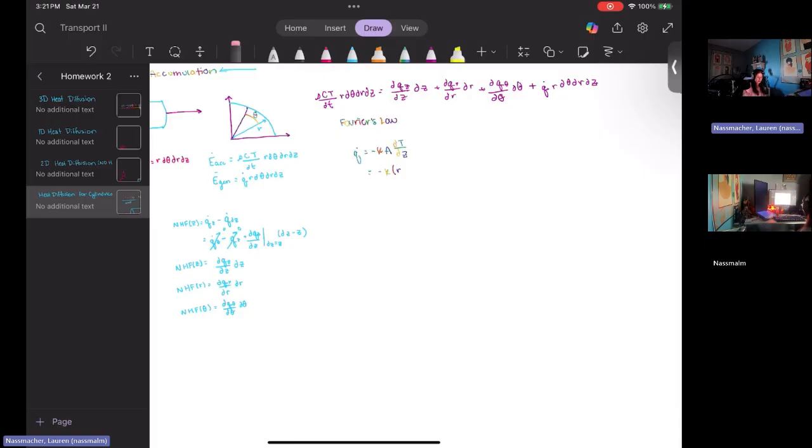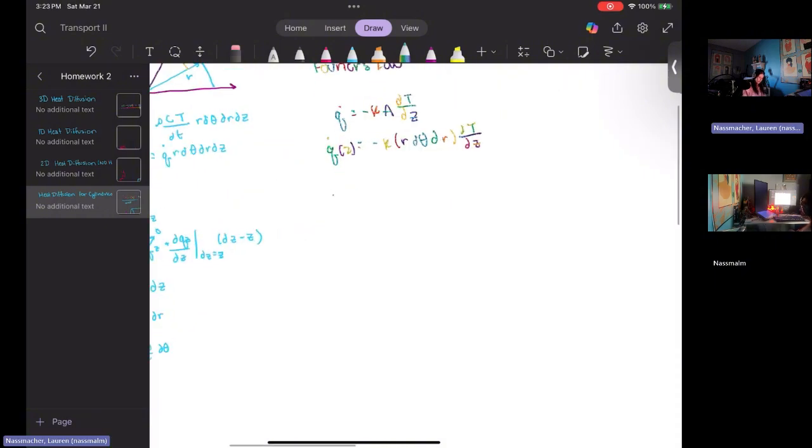So our theta and our radius, once again, multiplied by our change in temperature over our change in z for the z direction. And then our heat flow for our radius is essentially the same, multiplied by our radius. We have our d theta, our dz direction, our change in temperature over our change in radius.